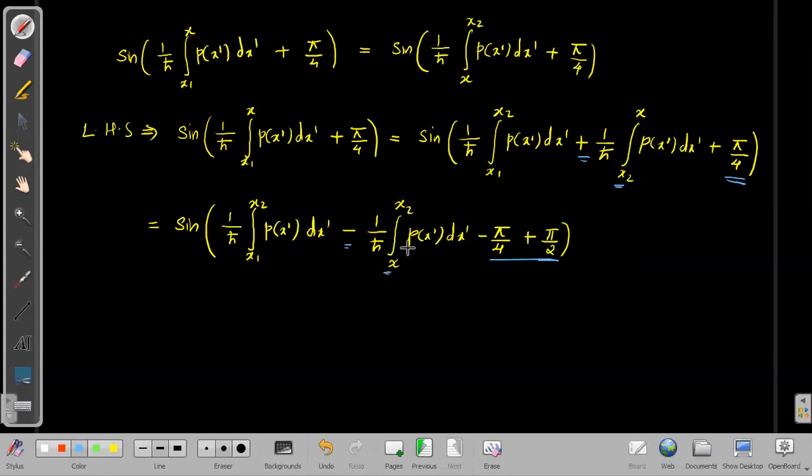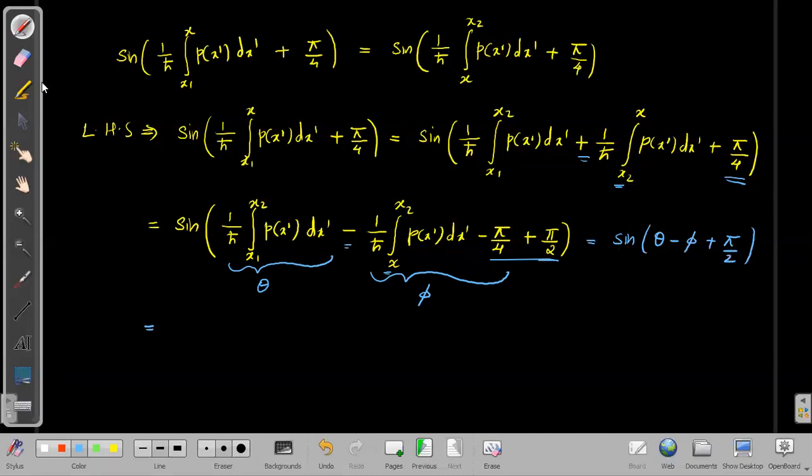Now the sine of some constant plus pi by 2 can be written as a cos function. For simplicity, I will denote this entire term as theta, and this other term I will put as phi. So this becomes sine of theta minus phi plus pi by 2, which is nothing but cos of theta minus phi.